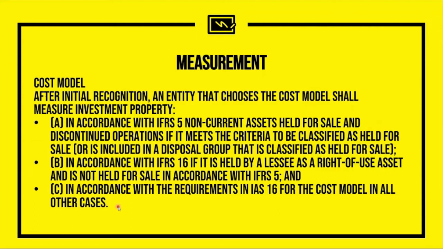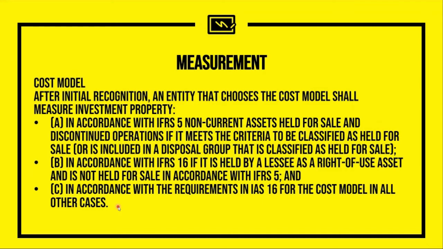So if you opted to choose the cost model for investment property, there are 3 standards that you're going to refer to. IFRS 5 if you are going to classify it as held for sale, IFRS 16 if the property is a leased property, and IAS 16 if it does not belong to IFRS 5 or IFRS 16.